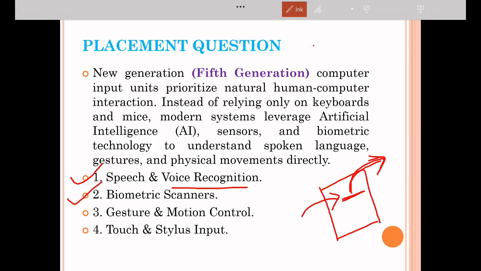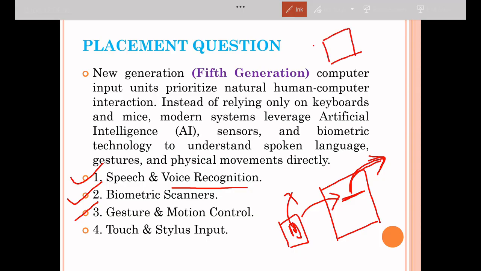Biometric: many people go to college and give a punch, okay, so this punch is also input. Biometric scanners. Similarly gestures: the police use gestures to verify a criminal background.